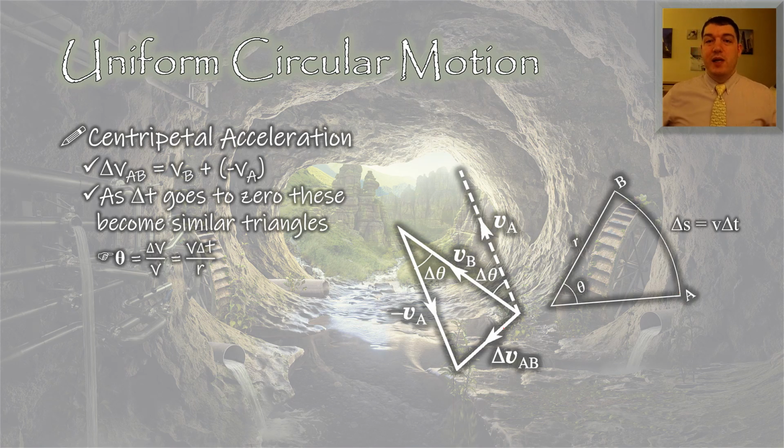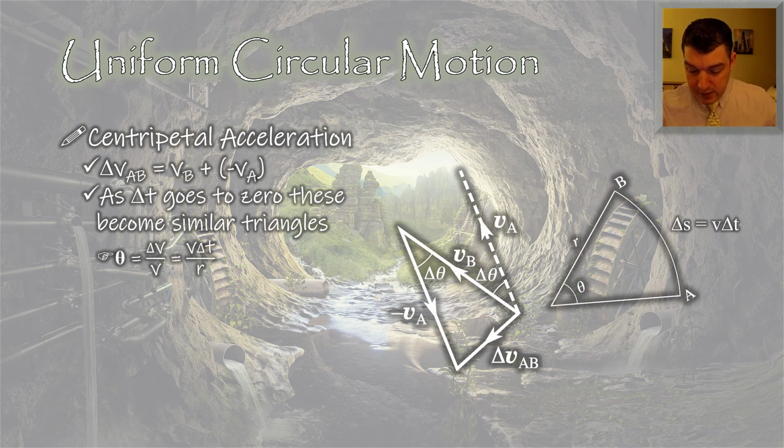For those of you in pre-calc or calculus, you know we could describe this in terms of limits, but we're not going to go there. We're simply going to say that this triangle and this triangle, as t goes to 0, where theta goes to 0, are similar triangles, which means the ratios of 2 sides will be equal to each other.